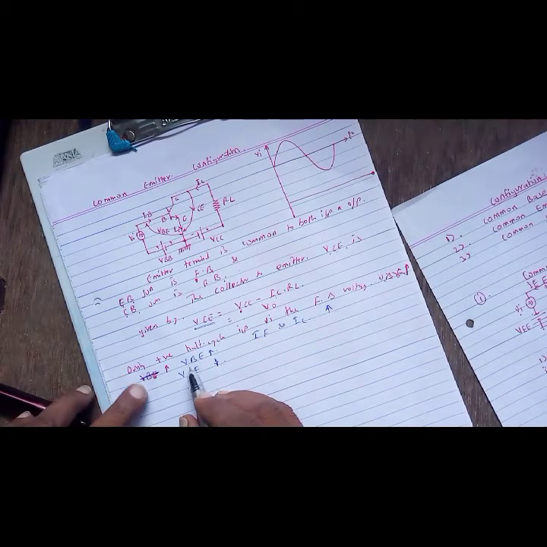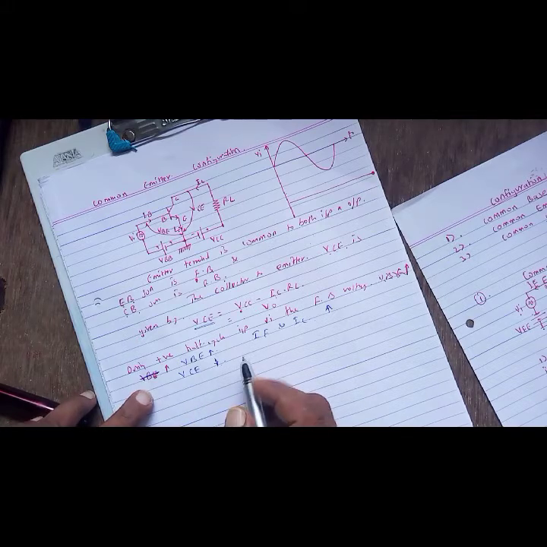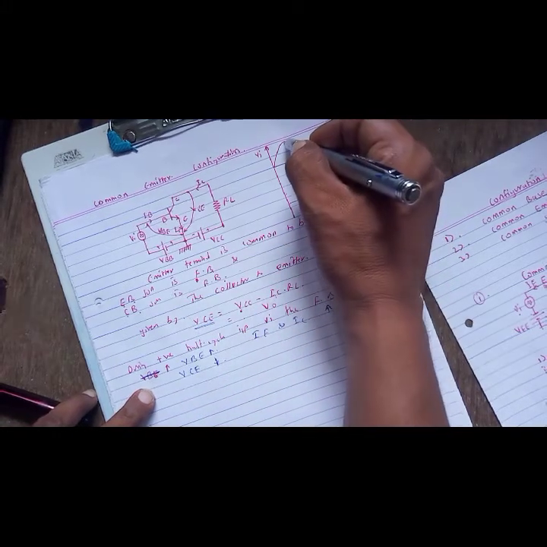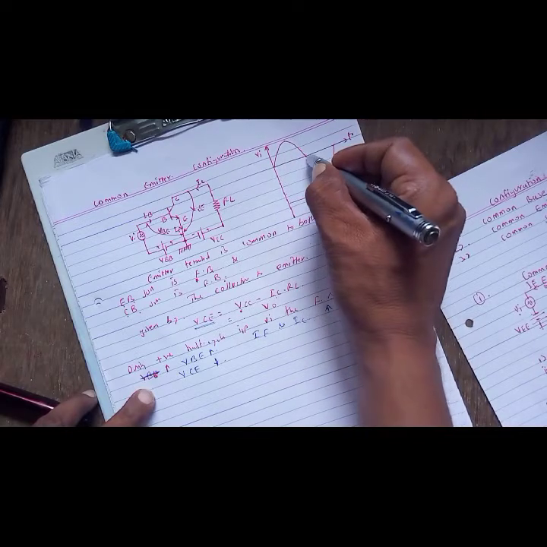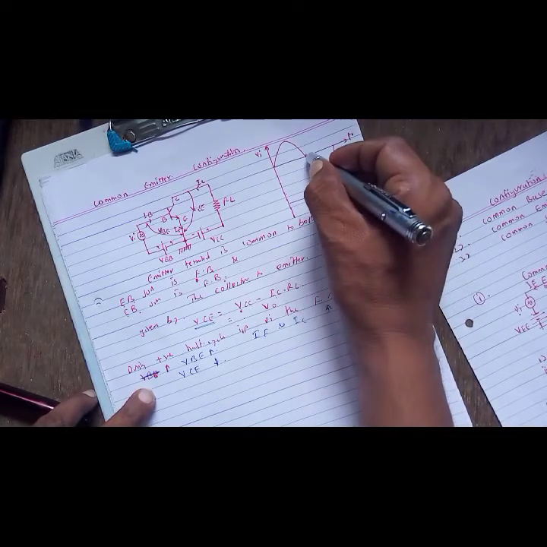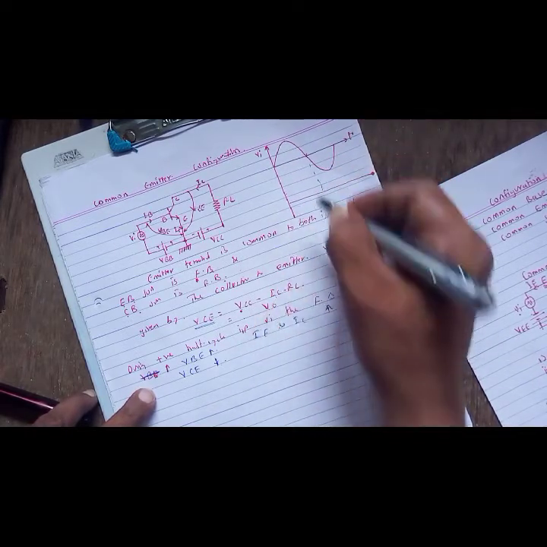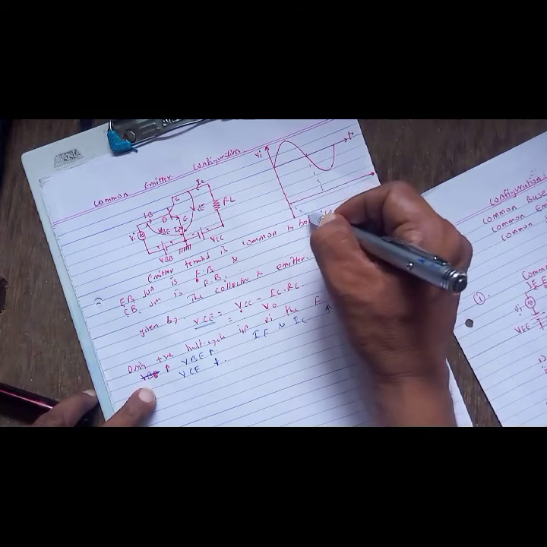Due to the decrease in VCE, the positive half cycle is obtained as a decrease like this.